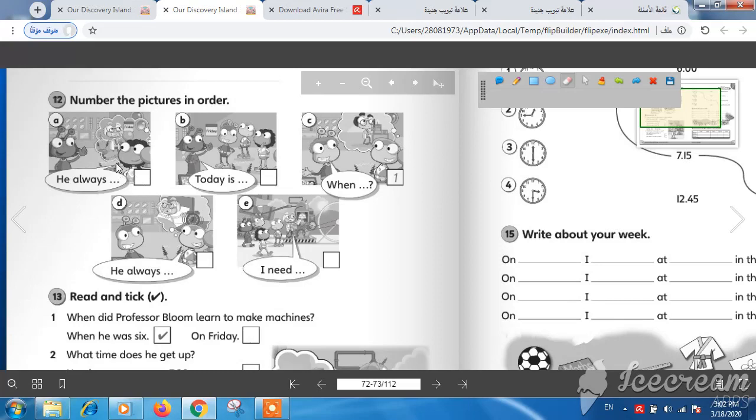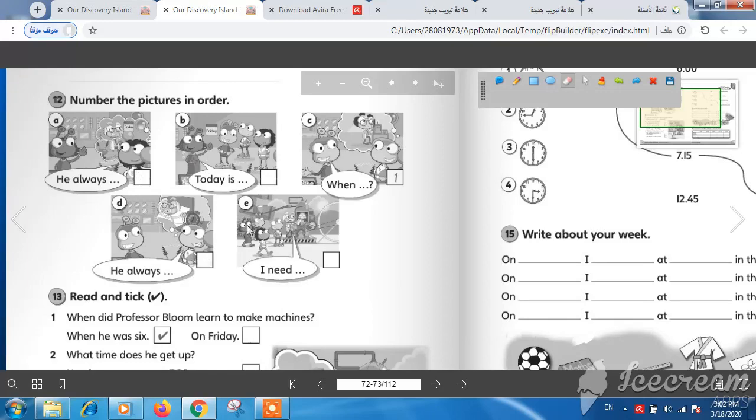If you follow the sequence of the incidents of the story, he always makes new machines first, and then he always gets up at 7. If you look carefully at these two pictures, you can find a clock here. So this is about getting up at 7 o'clock, and this is about making machines on Friday. You notice this calendar? So this is gonna be number 2, and this is gonna be number 3.